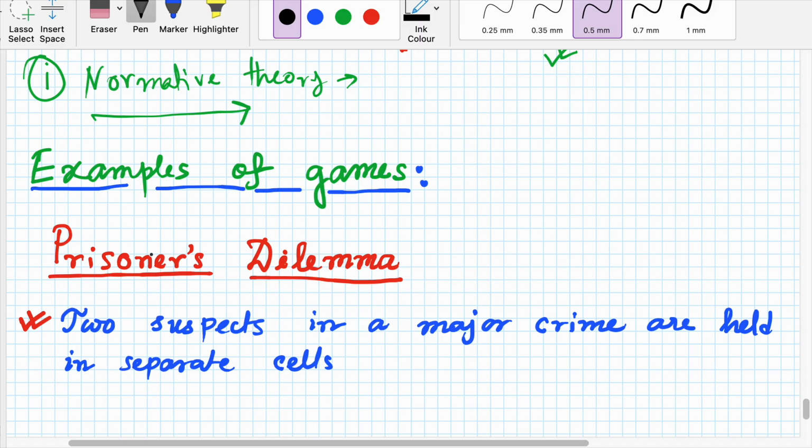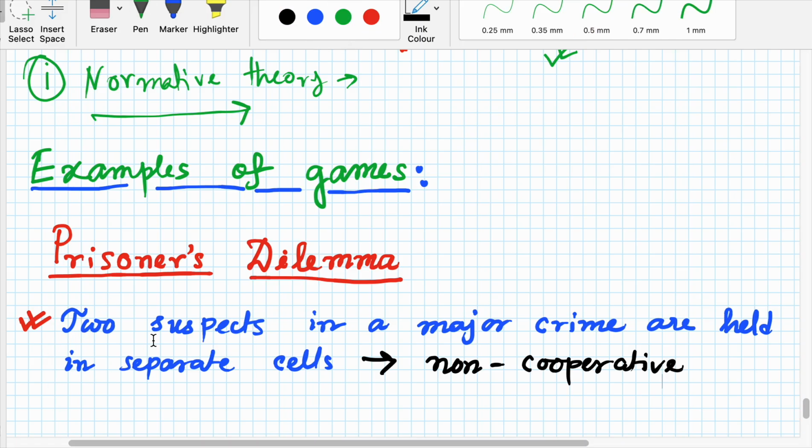So this statement is very important for a non-cooperative game. They are held in separate cells such that there is no communication between these two prisoners.